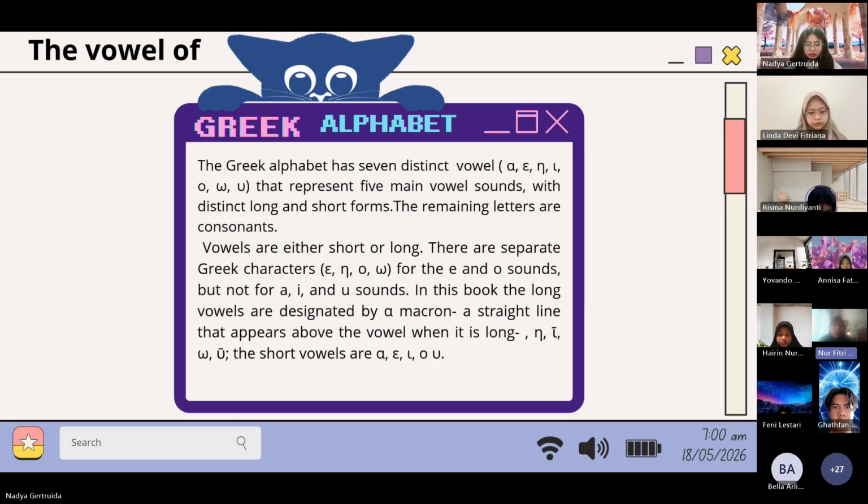The short vowels are alpha, epsilon, iota, omicron, and epsilon. Next slide, please.